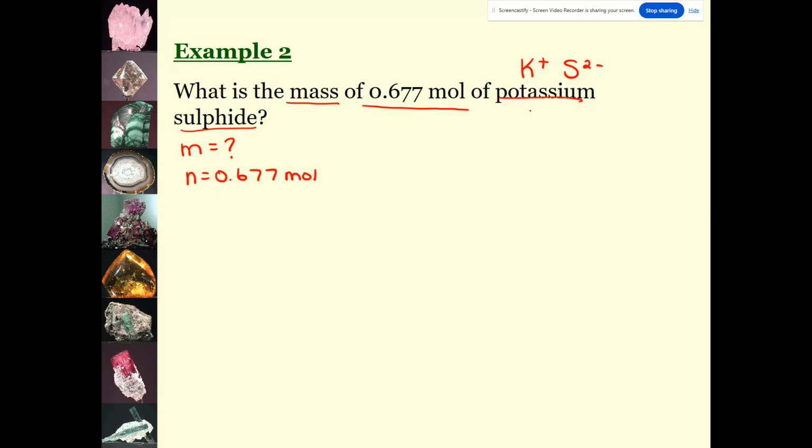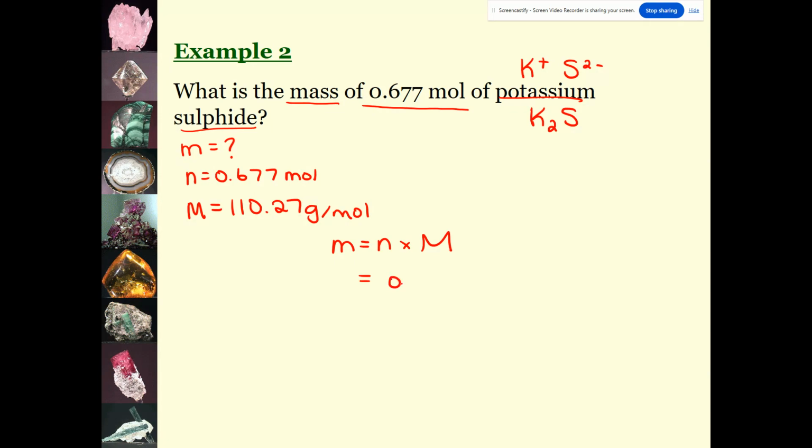There needs to be 2 potassiums with my sulfide in order to make this balance. Potassium is 39.10, there's 2 of them, and sulfur is 32.07. So we get a molar mass of 110.27 grams per mole.